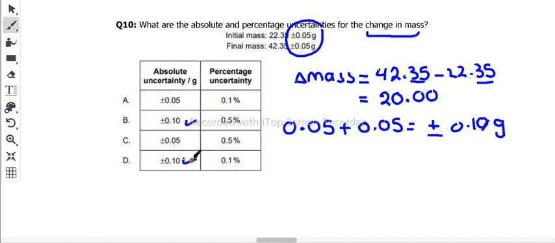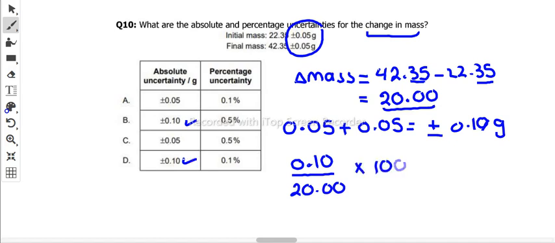The question is continuing with the percentage uncertainty. What's the rule to obtain the percentage? You're going to take your absolute, which is 0.1. You're going to divide over the value, which is the delta mass, 20, and it is multiplied by 100%.